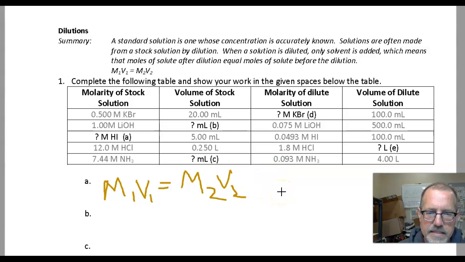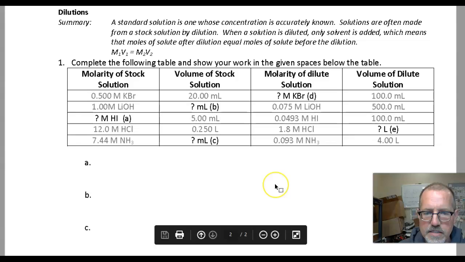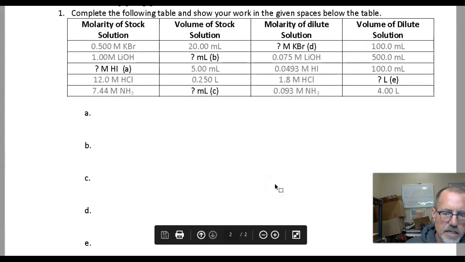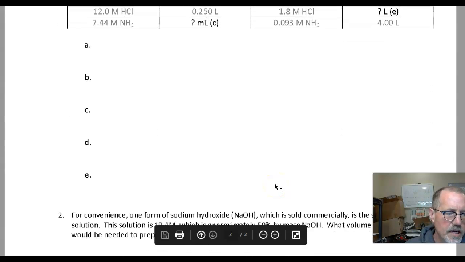Now again, like I said, it doesn't have to be in liters for this. You can use milliliters, because sometimes in the lab, that's all that is practical. So you'll complete this chart here, and then once you get done with that, you'll answer a few word problems here.